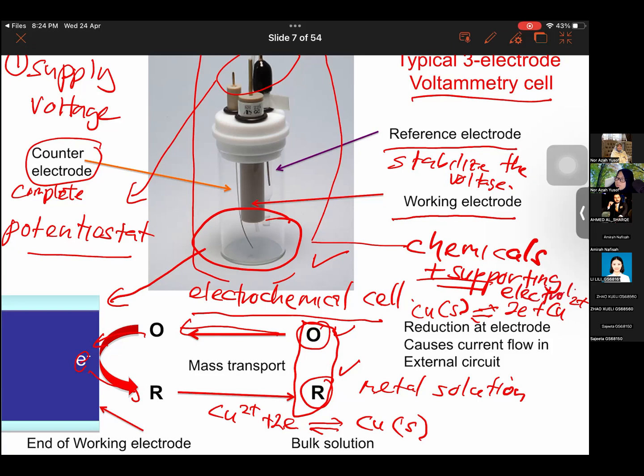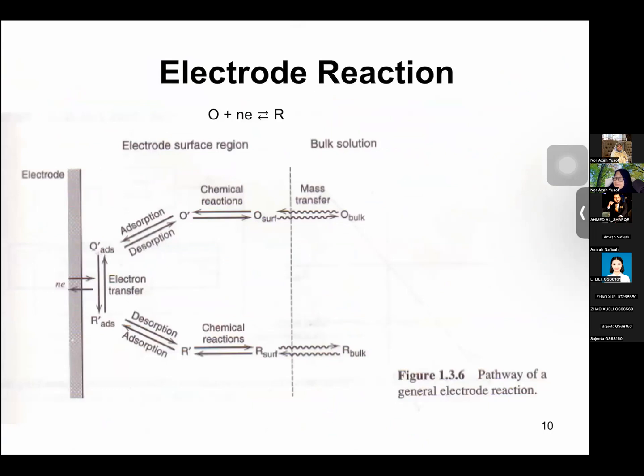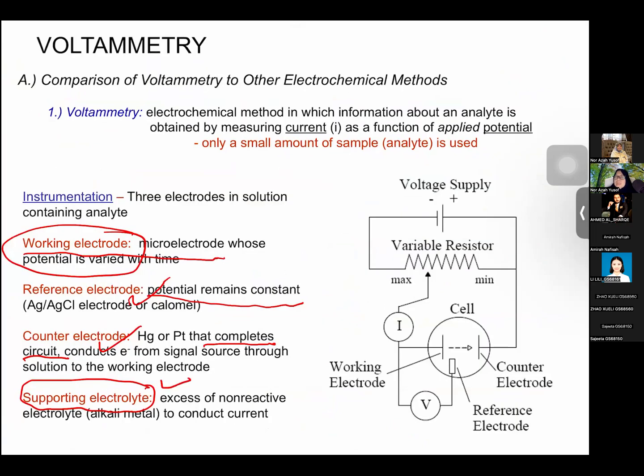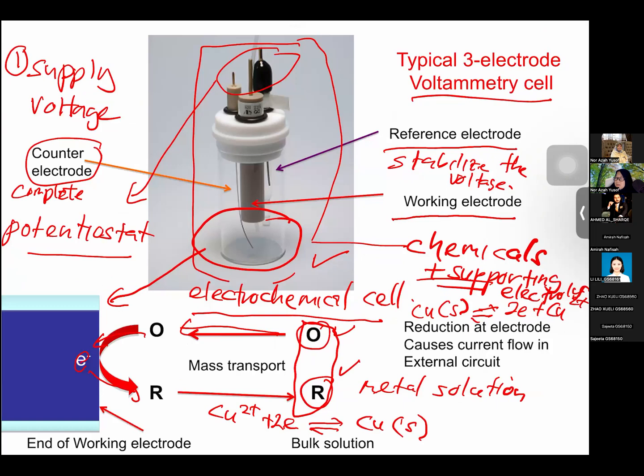Examples of supporting electrolyte are usually salt based, concentrated salts, because this electrolyte will help the movement of the oxidized and the reduced species.